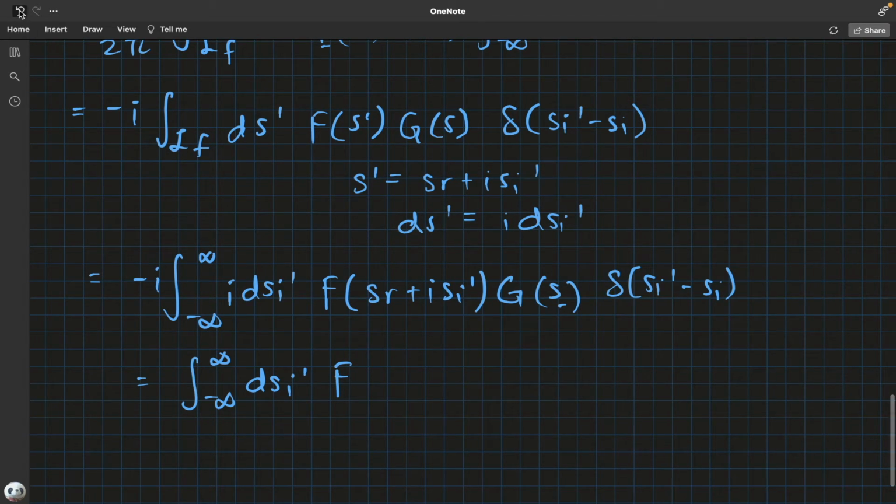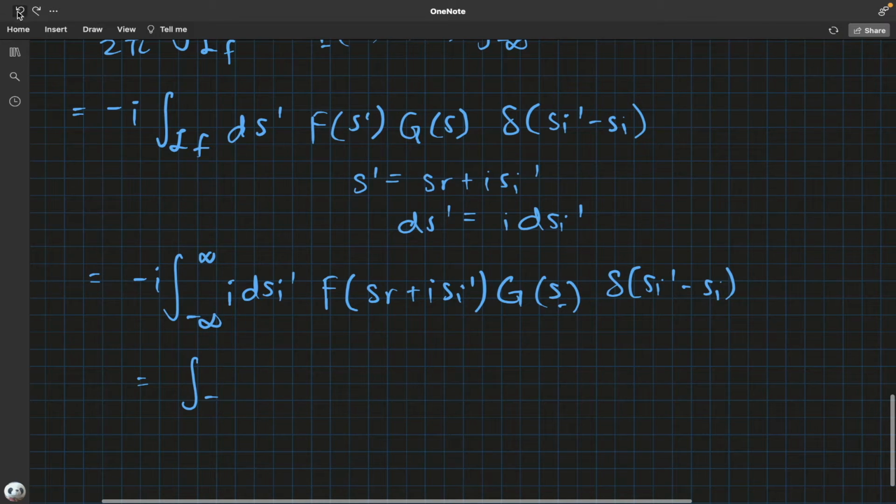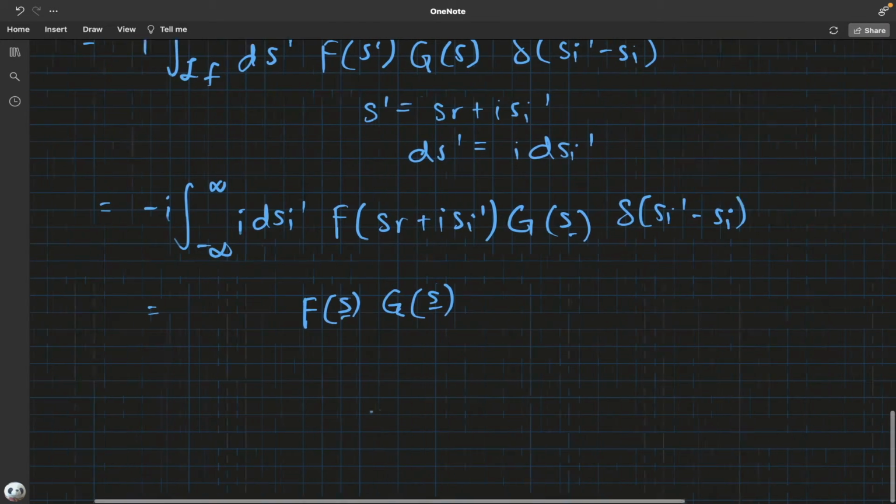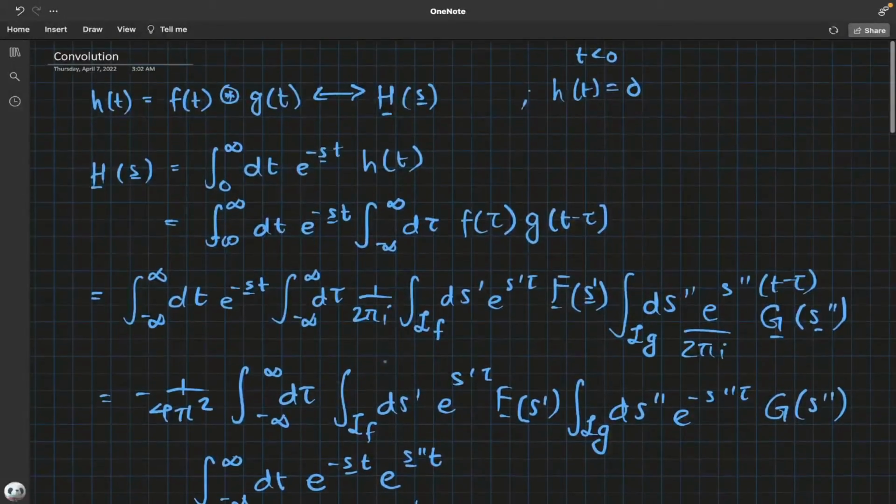So maybe I can just skip all these steps, because notice what's happening. The Dirac delta here will change the i SI prime to SI. So SR plus i SI is S, so f of S. And this was independent of the integration. I should have taken it out way before. So it's that. Here we really get a product.